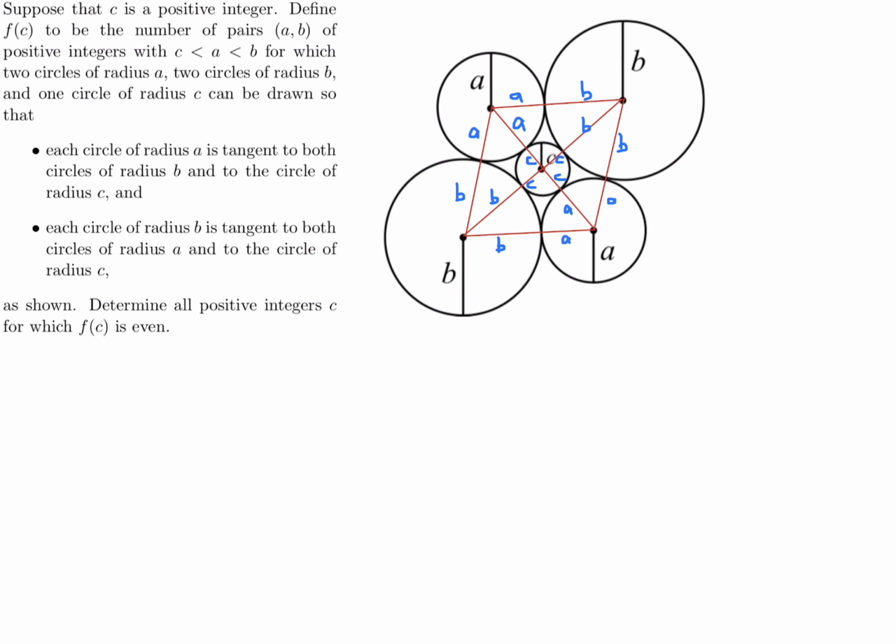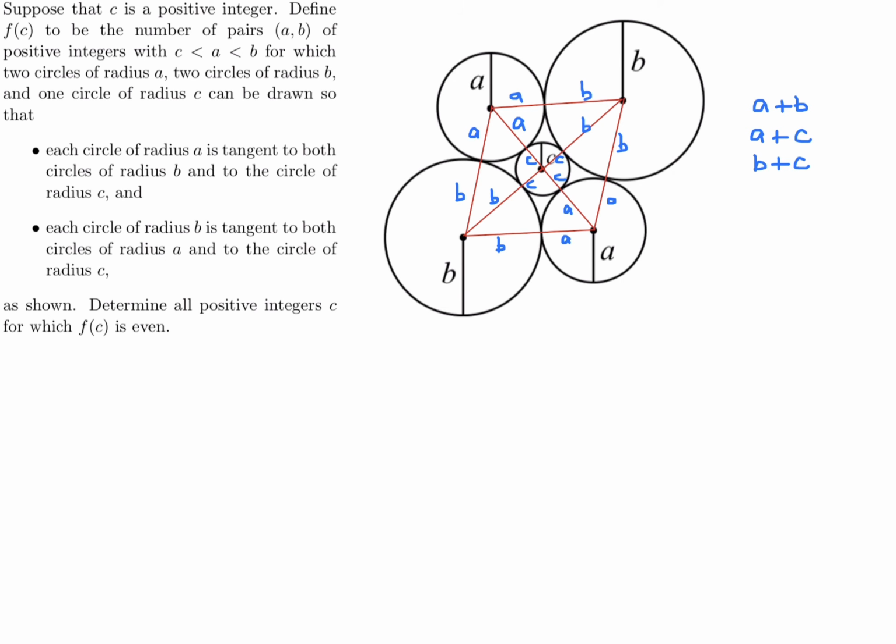Okay, so now when you look at these triangles, in particular these ones, that one and this one, and the next two, this one and this one, those 4 triangles, you will notice that they have all the same sides. One side is equal to a plus b, another side is equal to a plus c, and the other side is equal to b plus c for all 4.